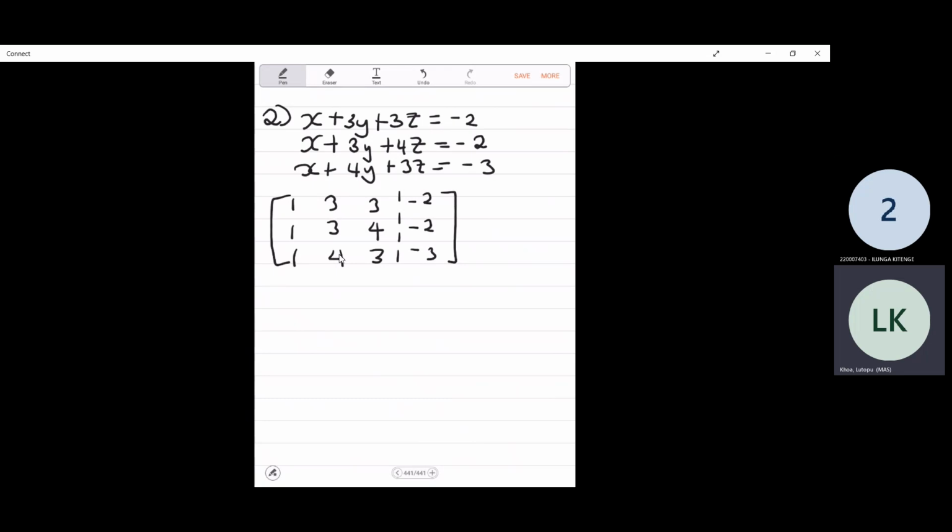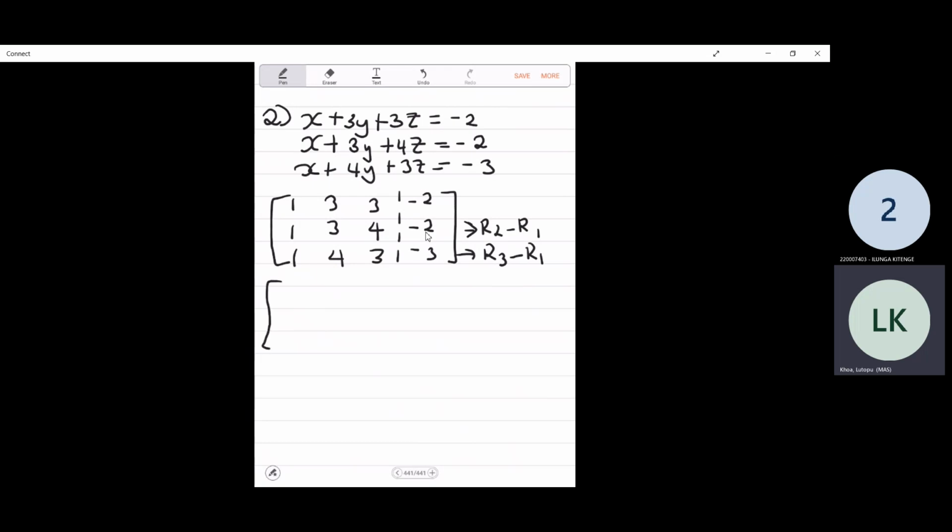And again, the aim is to have the identity matrix over here, and then you can just read what your x, y, and z are. So very easy to make these ones here 0, because for the second row, I just say row 2 minus row 1, and then for the third one, I say row 3 minus row 1.